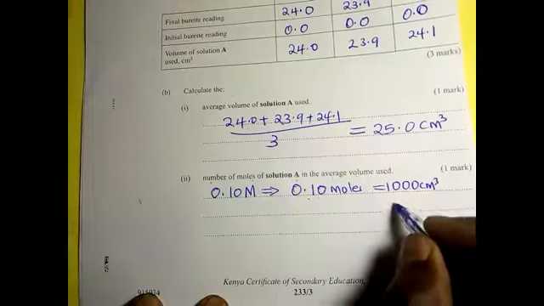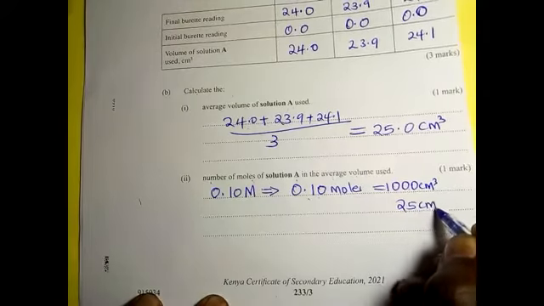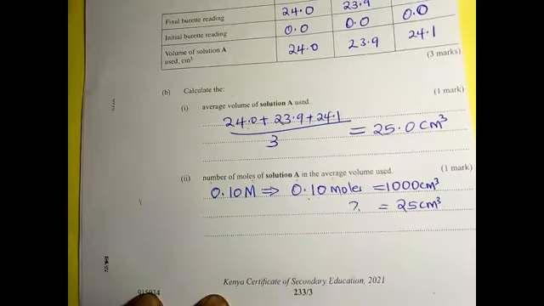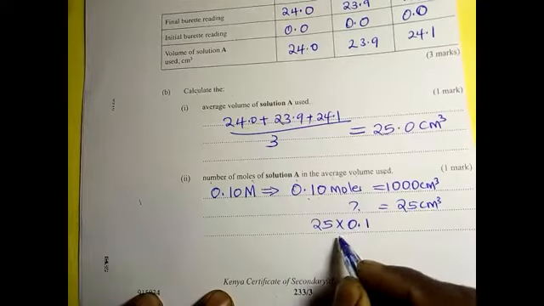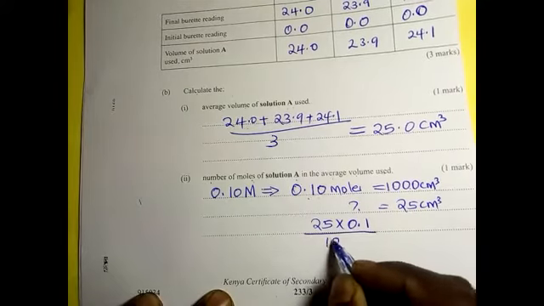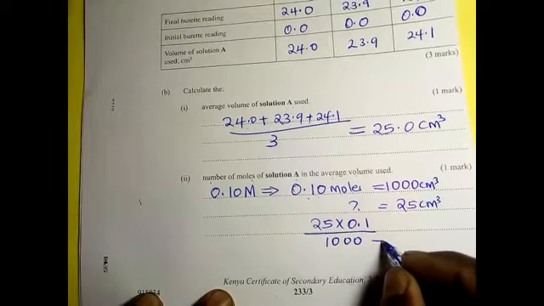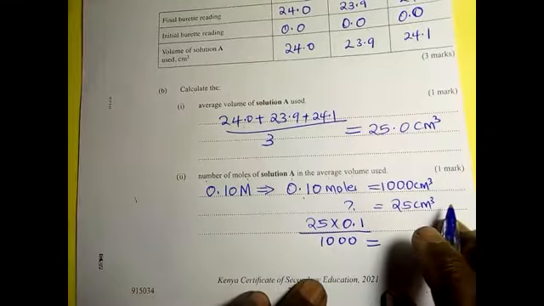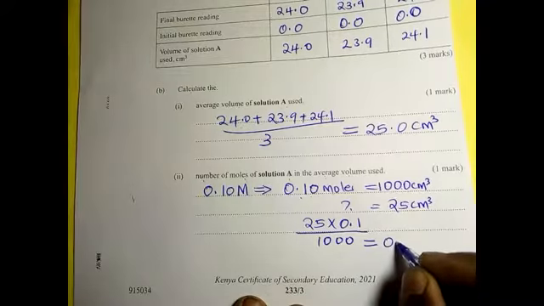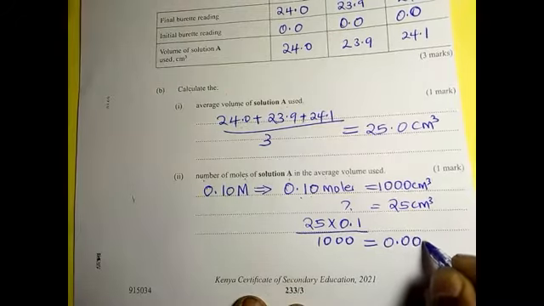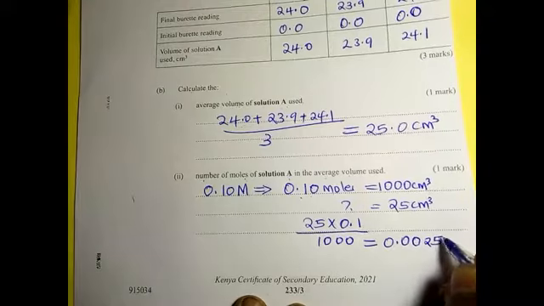It is 25 times 0.1 divided by 1,000, which gives the number of moles in 25 centimeters cube of solution A, equal to 0.0025 moles.